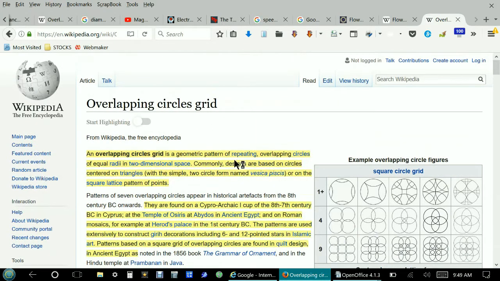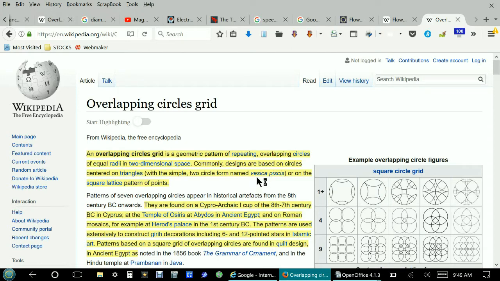So here we have the overlapping circles grid. It's a grid of geometric patterns repeating overlapping circles of equal radii in two-dimensional space, again flat space. Common designs are based on circles centered on triangles with the simple two circles forming the vesica Pisces, or what we could call this vessel in the center of everything.